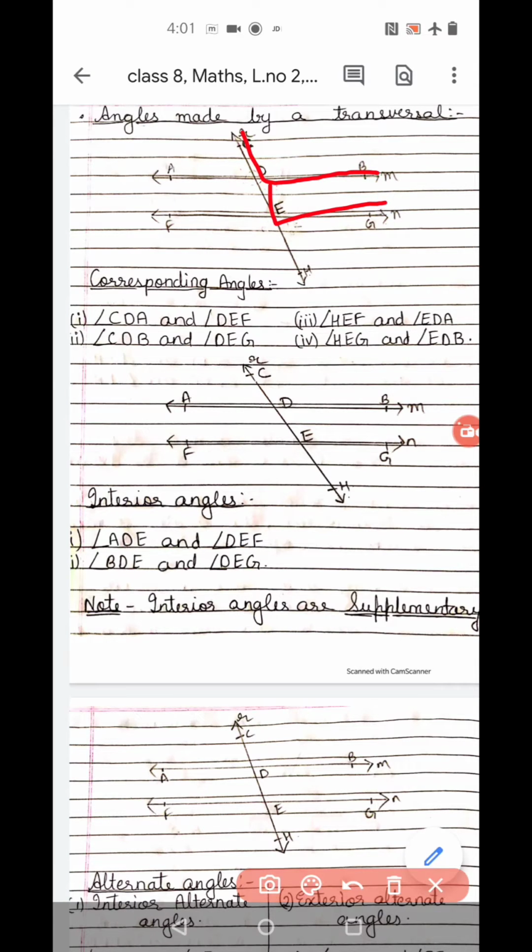Both are on the upper side, on both sides of the transversal, and they are pairs of corresponding angles. Next we take angle HEF and angle EDA, this is one pair of corresponding angles, and on the other side HEG and EDB is another pair. So corresponding angles are congruent.